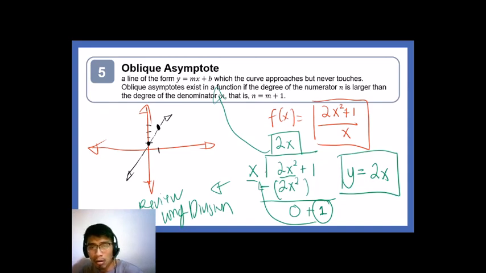You keep on dividing until such time that you can no longer divide. Once you can no longer divide, you stop, and you consider only the quotient. Whatever the quotient or the answer of your long division is, that is your oblique asymptote.